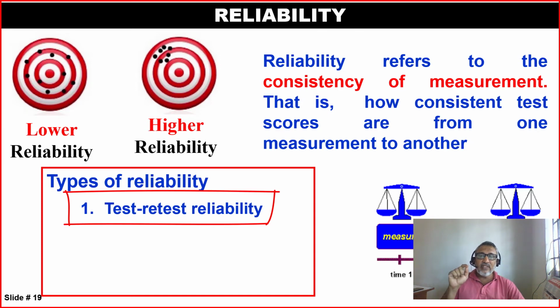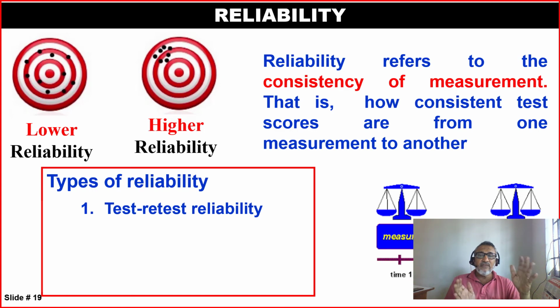That is, if I administer a test today and administer the test tomorrow without any intervention in between, it should give the same result. That means across time, if I conduct the same test to the same population, it should give similar scores. With respect to time, the score should remain constant. This is usually checked by test-retest reliability. You administer a test at a particular time, then administer it at a future date and time, and if the scores are the same, it has test-retest reliability.